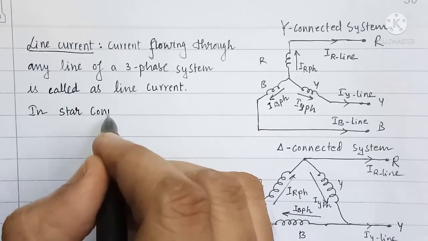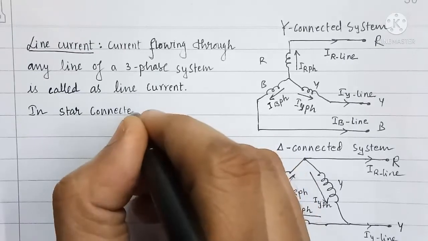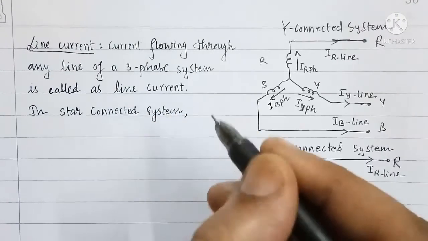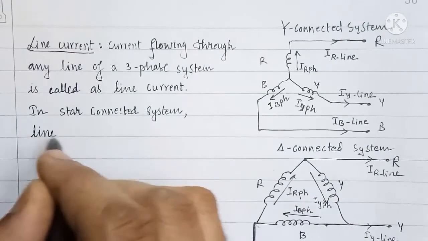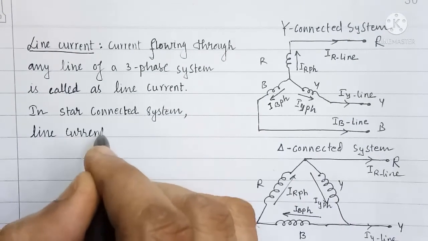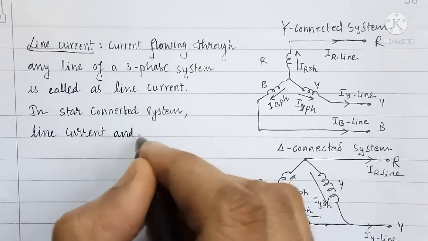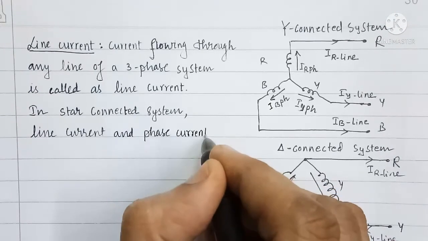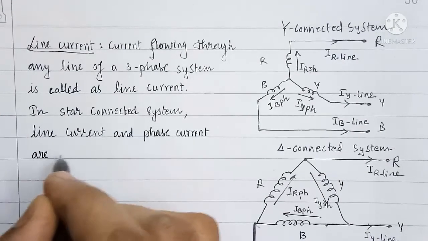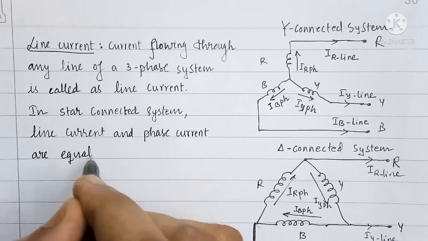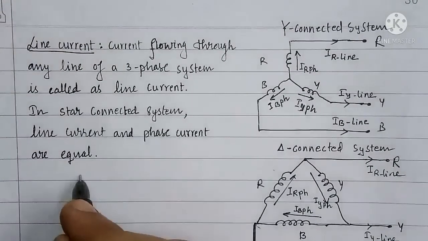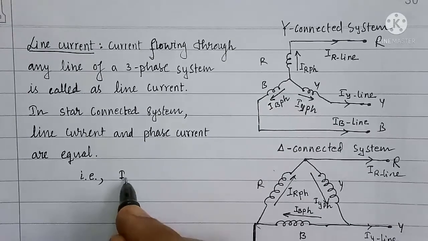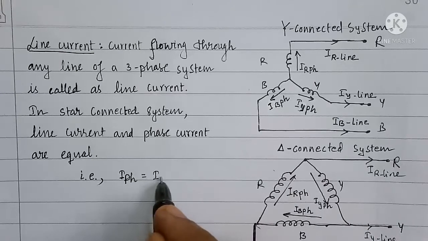In star connected system, line current and phase current are equal. That is, IPH is equal to IL.